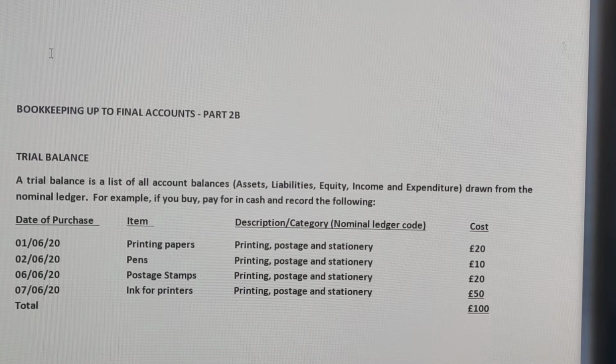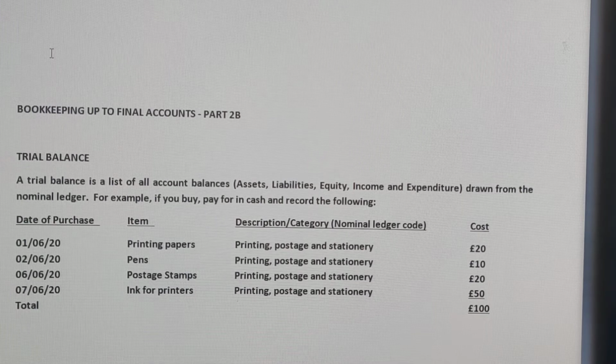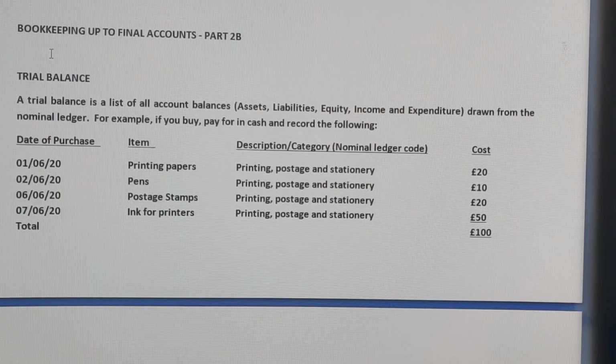Let's say you pay £20 for it. On the 2nd of June, you buy pens and also give it the code for printing, postage, and stationery and pay £10 for it, and so on. Let's say within that very short space of time, you paid £100 for printing, postage, and stationery on various dates.